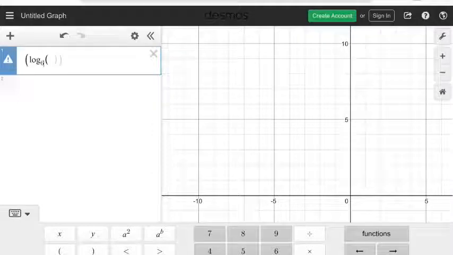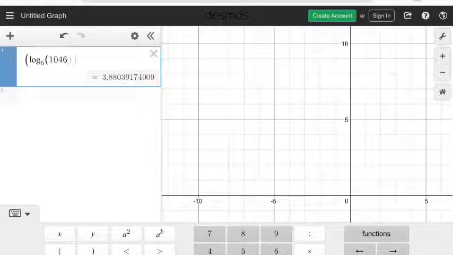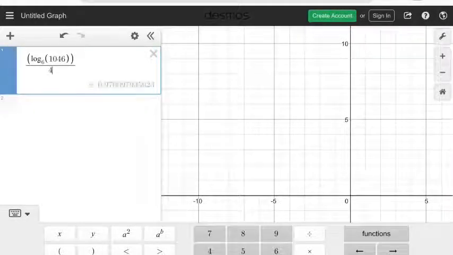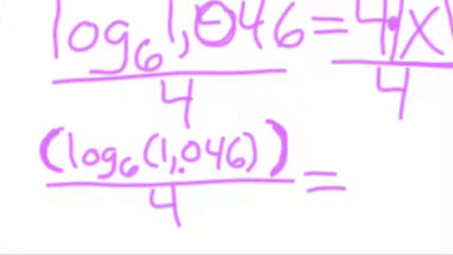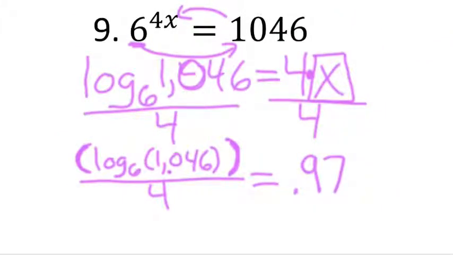So this way we can put our 6, then we can put our 1046, and then we're going to go outside our parentheses and do our division by 4. And that is giving us our answer, and we're going to round it to the second decimal place. So we're getting 0.97, and that is how you would answer number 9.